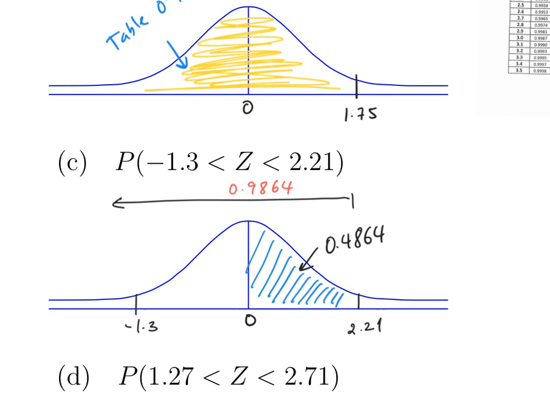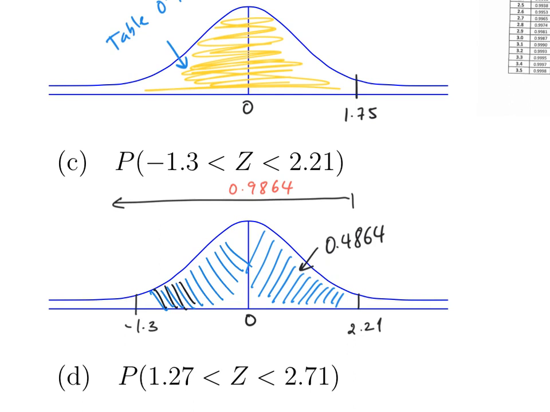If you go the opposite direction, and this is what I mean by opposite direction, from here to here now, this will be the yellow area, this will be the green, and this will be the blue area. So you want to figure out again what is the blue area right here. So first you need to look to the table and figure out what's the value.